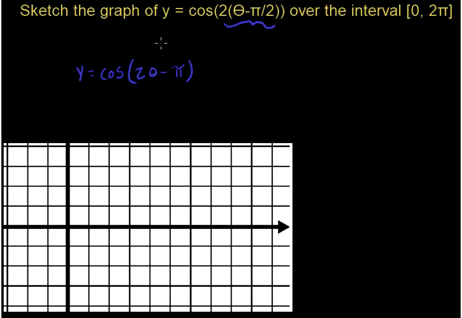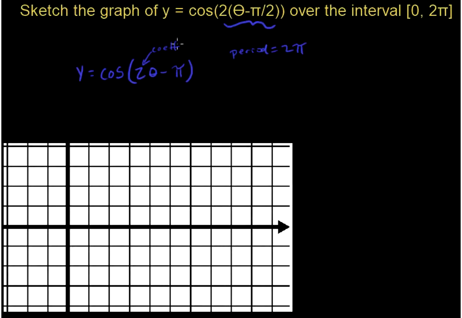Okay, so we need to work with this, and if you remember from trig or pre-calc, anytime you have a coefficient in front of your variable, and our variable is theta and the coefficient in this case is 2, that's going to have an effect on your period. If the coefficient is just 1, your period is always 2 pi.